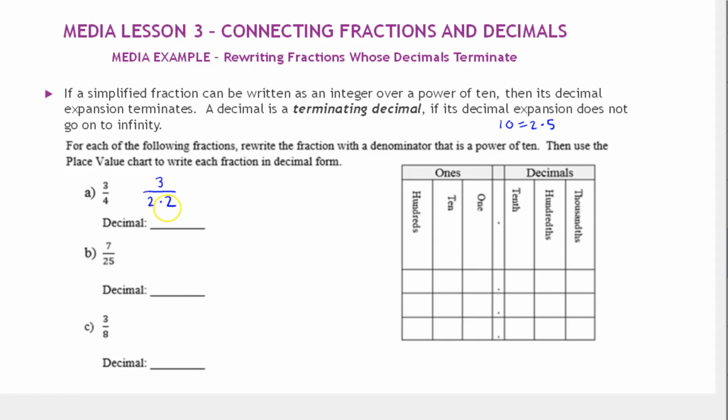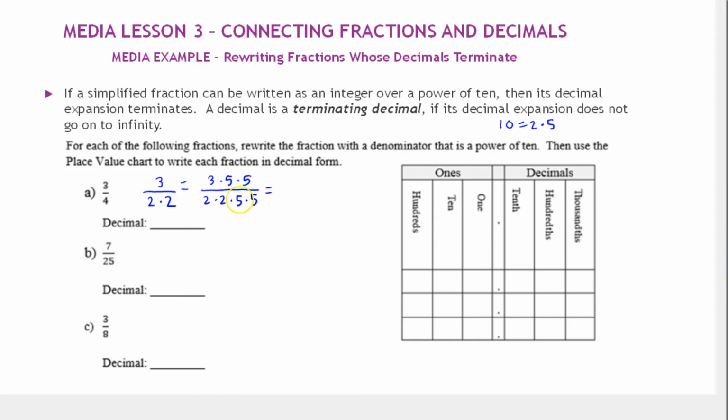Since there are 2 factors of 2, I'd need 2 factors of 5 to make this a number over 10s. Like when we did this with fractions, we're cutting it into more pieces, so I'm going to multiply by 2 factors of 5, one 5 to match each factor of 2. You want a bunch of 10s in the denominator, but the smallest amount you need, you don't want to put extras in. Since I cut the bottom pieces into 5 times 5, I need to do that to the top as well.